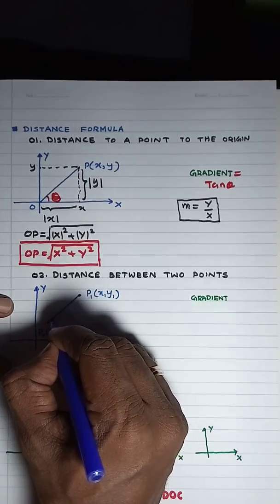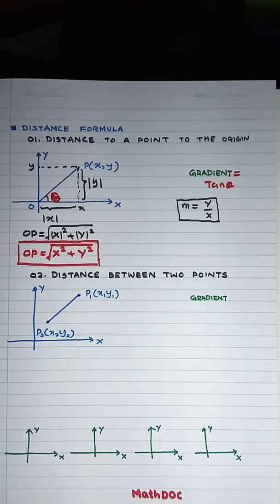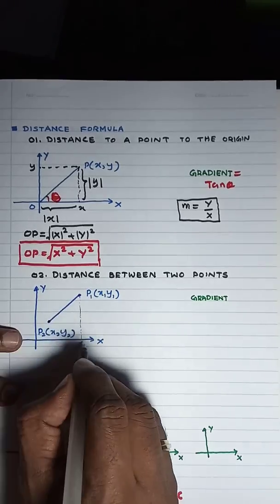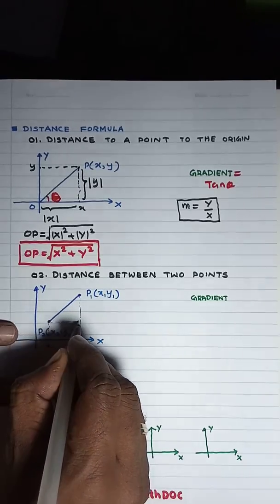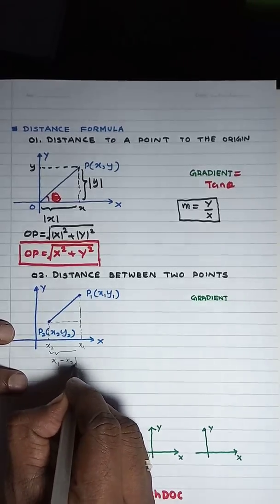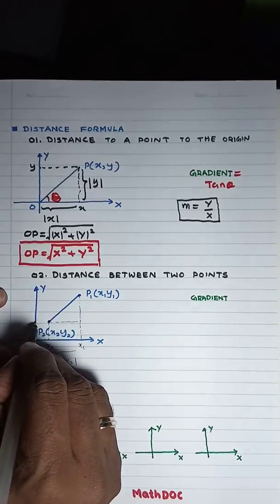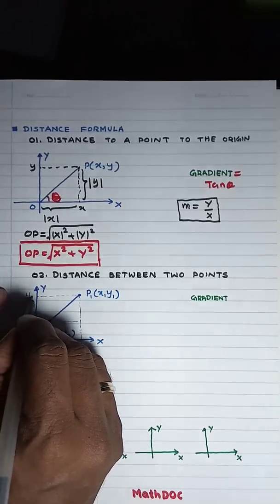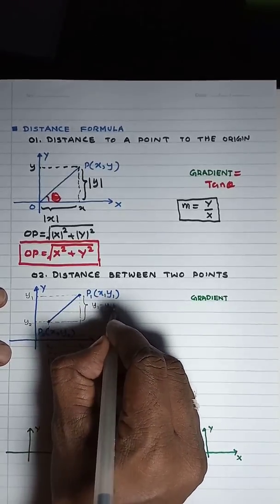Let this be the line segment P1P2. Here this coordinate is x1 and this is x2, therefore this length is modulus of x1 minus x2. We put modulus to get the absolute value. Then this coordinate is y2 and this is y1, so the other length is modulus of y1 minus y2.